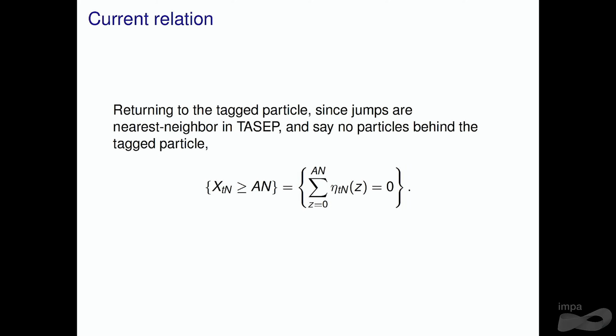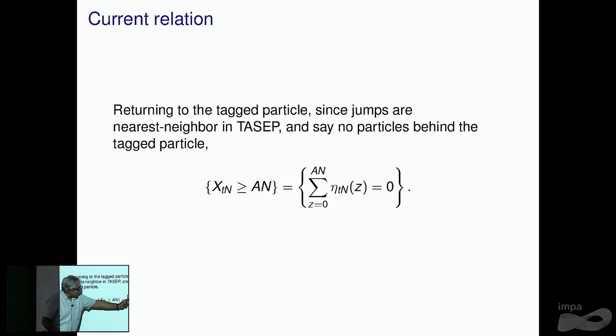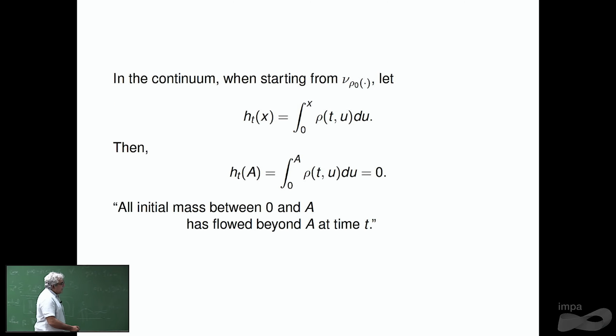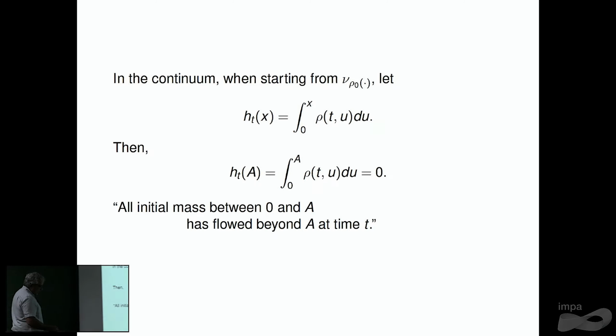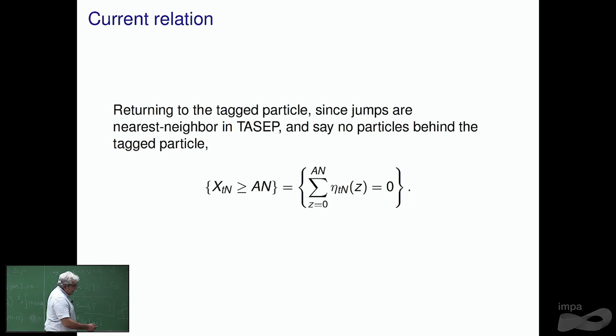This relation here, which is macroscopic, if you divide by 1 over n, which you can do, the right hand side is 0, and this is the same as the height function at a, approximately, if you believe hydrodynamics. The height function at a being 0 signifies that the scaled tag particle has gone beyond a.